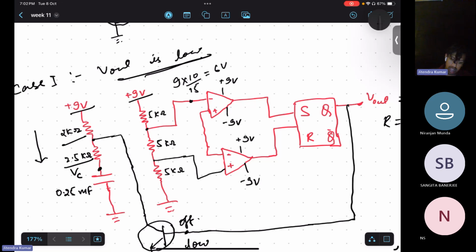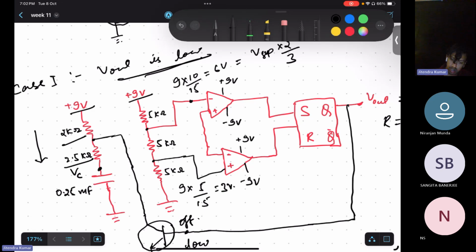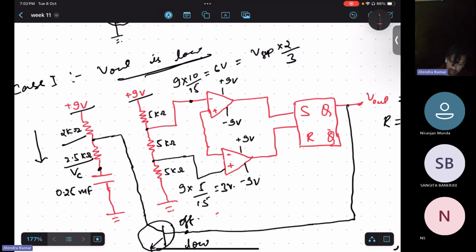And this terminal will be 9 into 5 volt divided by 15, so 3 volt. So basically it is nothing but the supply into 2 by 3, and the supply by 3.